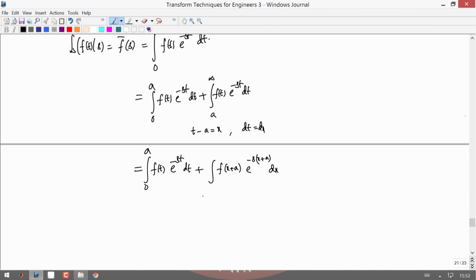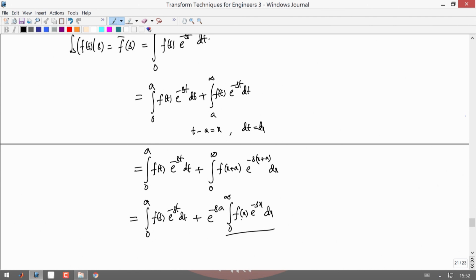When t equals a, x equals 0, and when t is infinity, x is infinity. So you end up with the integral from 0 to a of f of t e power minus st dt, plus, here e power minus sa comes out, the integral of f of x e power minus sx dx.